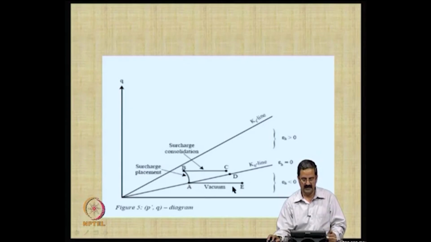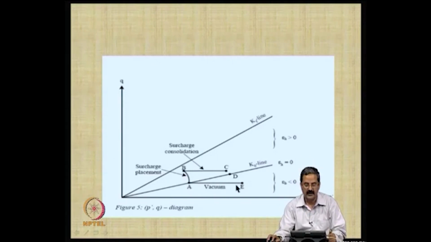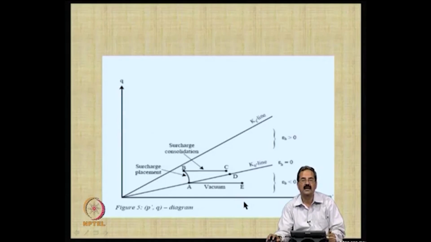So, you can see that because of the vacuum, at the same effective stress you applied vacuum, and it results in this Q-P plot like this, but the effective stress is increased, right, because that u a component you have to add.